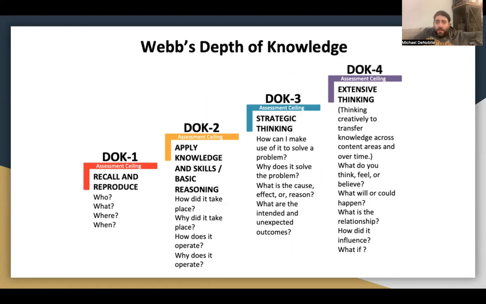So if we're looking at a story, who are the characters? Tell me, who are the characters? What are they doing? Where do they live? When do they live? It's a simple recall. It's very low level. Now, in elementary school, DOK1 may be satisfactory.